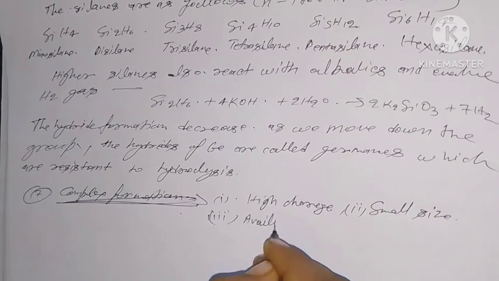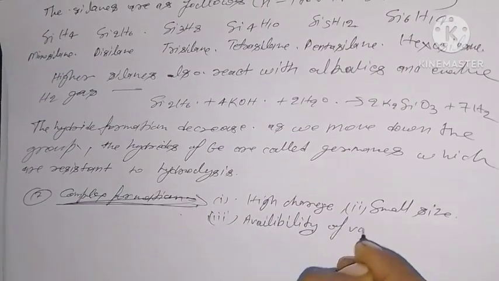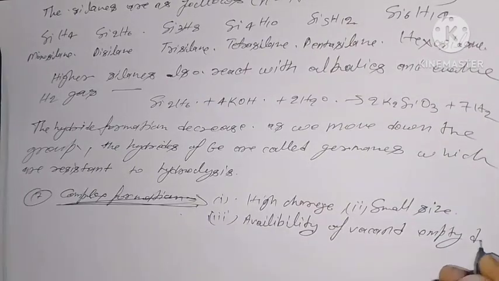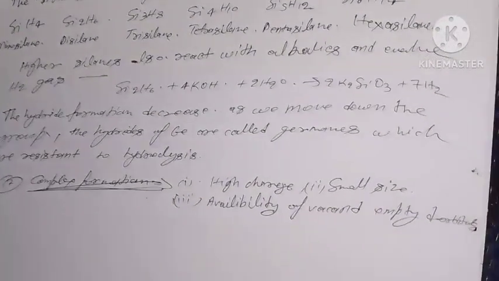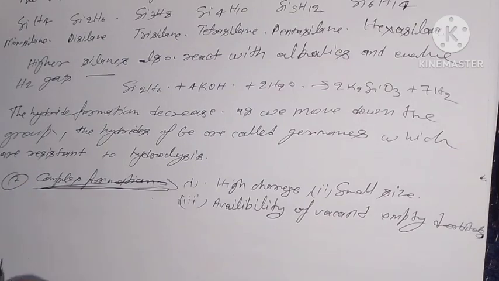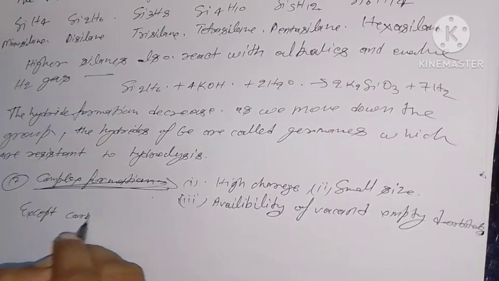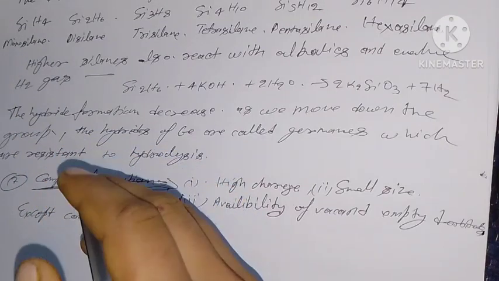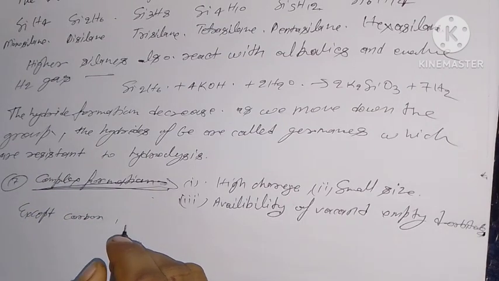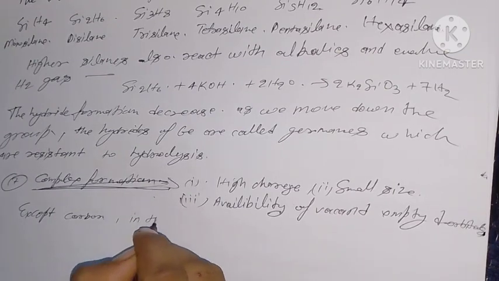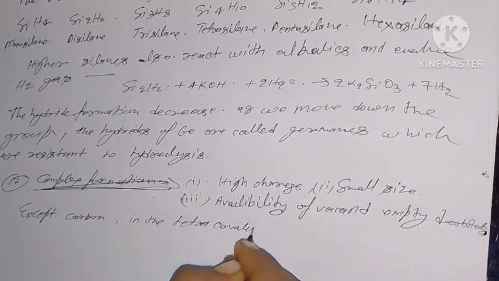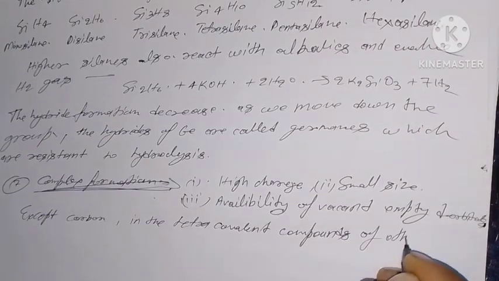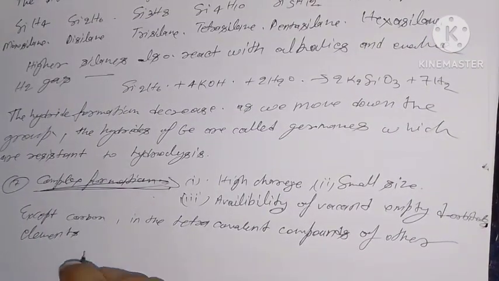Except carbon, in the tetracovalent compounds of other elements there is an availability of empty d orbitals.